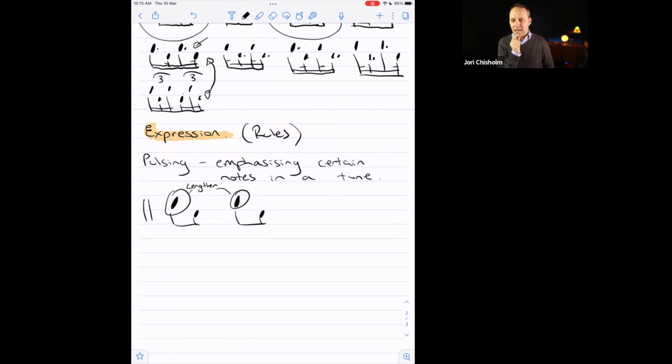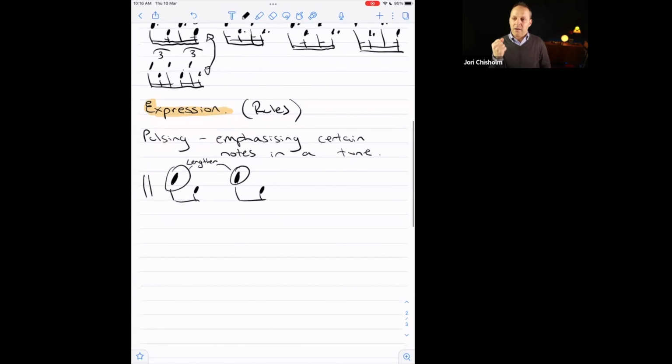And if you do it just the right amount, it still sounds even, but you have a very subtle but powerful beat emphasis. That's what pulsing is doing: we are lengthening that note a little bit in order to bring out that beat, to emphasize that beat.